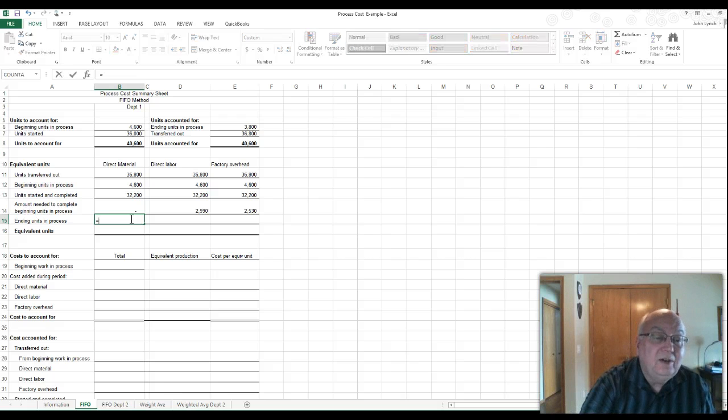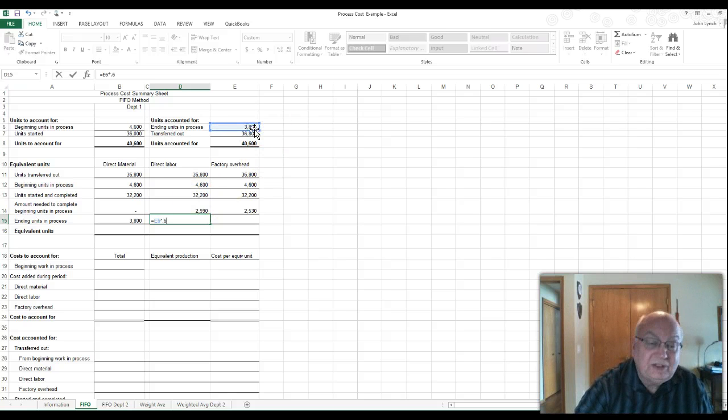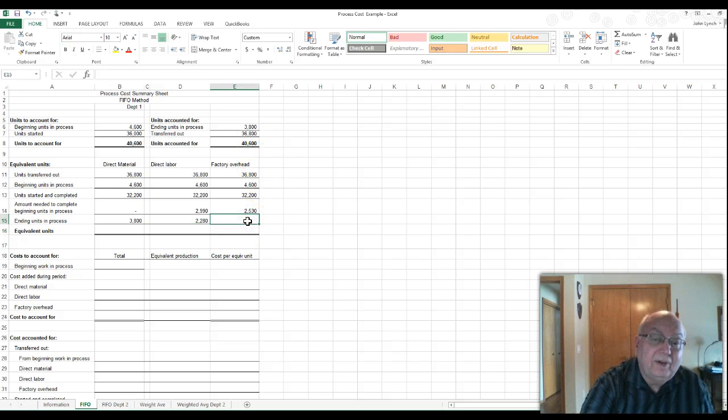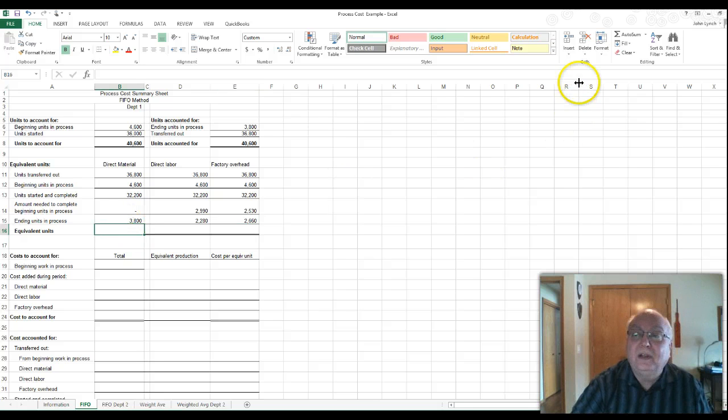So for the ending units in process, you take the 3,800 times the percentage completed, which in this case is 1, so that's 3,800. For the direct labor, we take 3,800 times 0.60, which is 2,280, and the factory overhead was 3,800 times 0.7, or 2,660. And what we're after is the equivalent units.